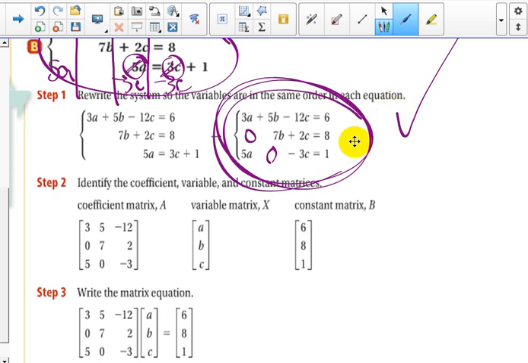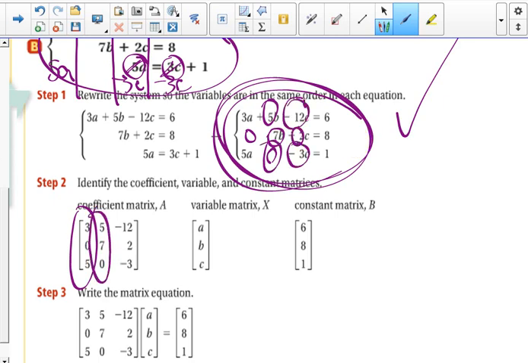So now create your matrix. So let's do our constant matrix, or excuse me, our coefficient matrix, 3, 0, 5, and then 5, 7, 0, and then -12, 2, -3. And we have 3 variables, A, B, and C. And then we have our constants, 6, 8, and 1.